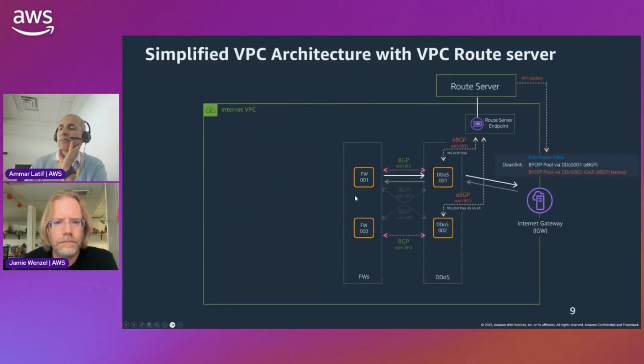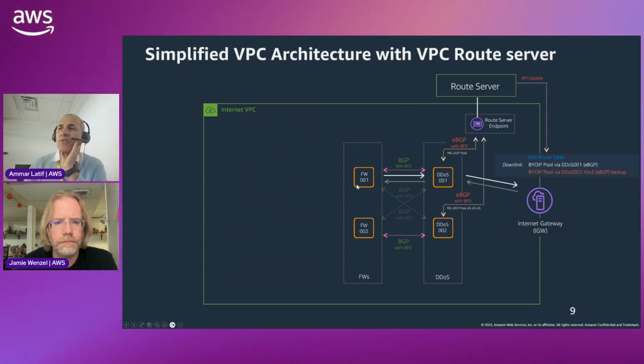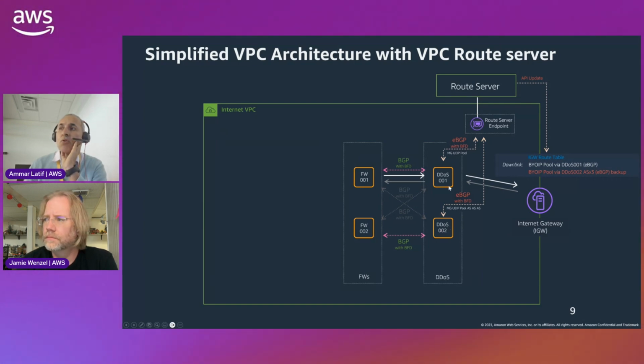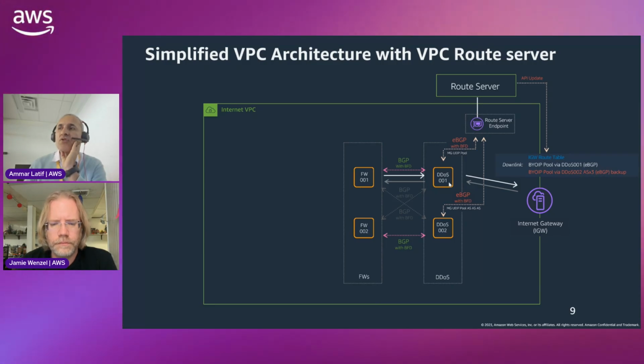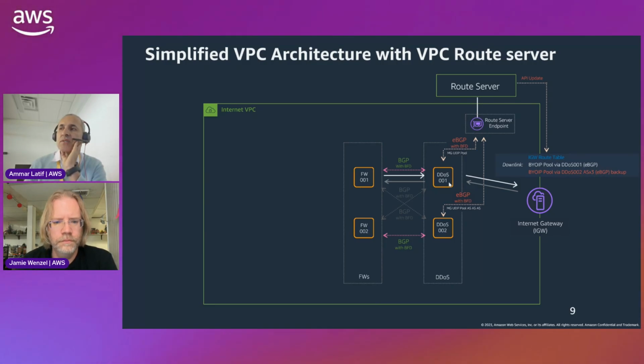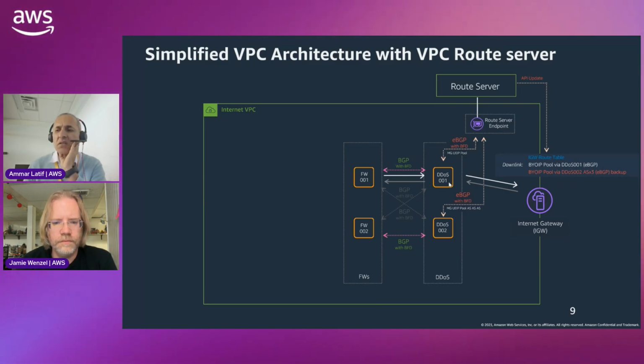So I built it out. If you notice here, let's say you have a service chain, which means you have a set of firewalls and a set of DDoS appliances, or WAF, whatever appliances you're using that are doing something specific, or say a proxy you're introducing.